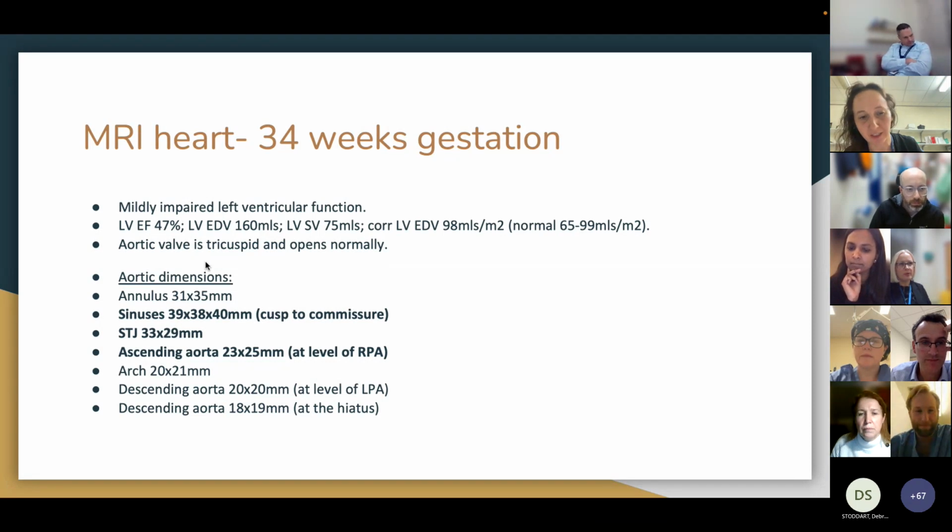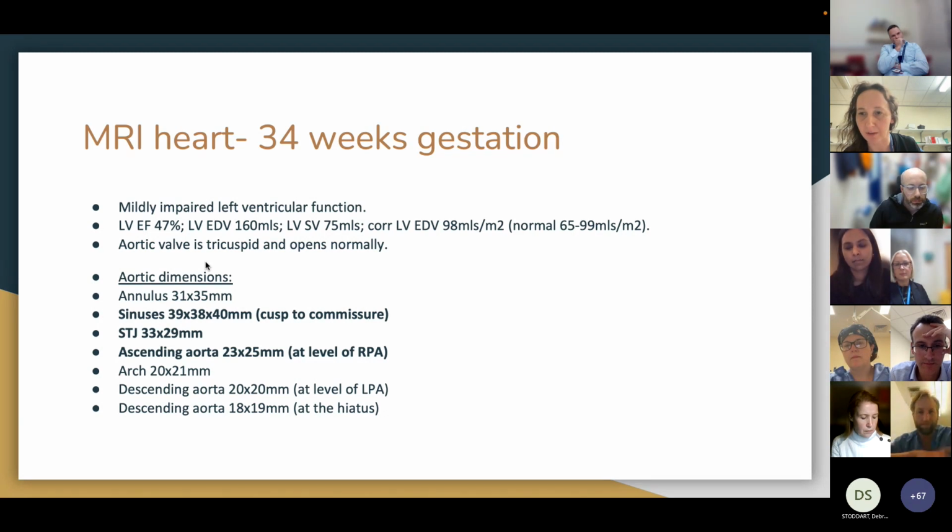And with the ejection fraction, I believe that she has a degree of the cardiomyopathy that we sometimes see in Marfan patients, that they do sometimes have impaired ventricular function, and that's due to genetic impact on the myocytes.